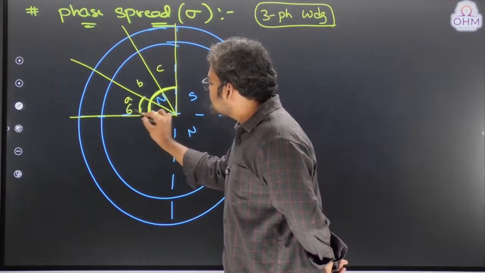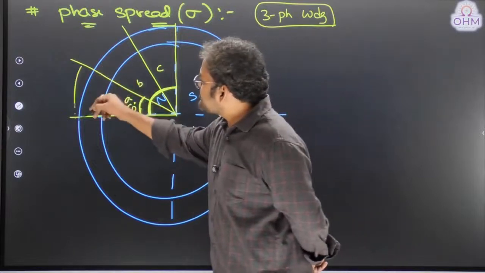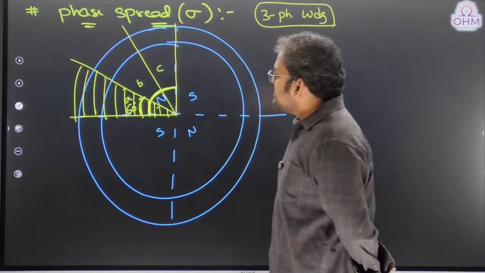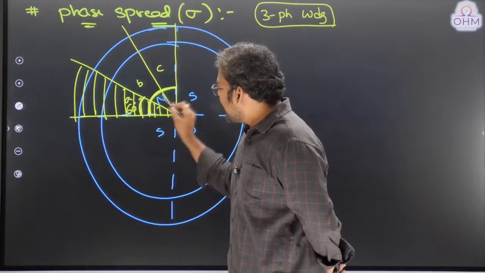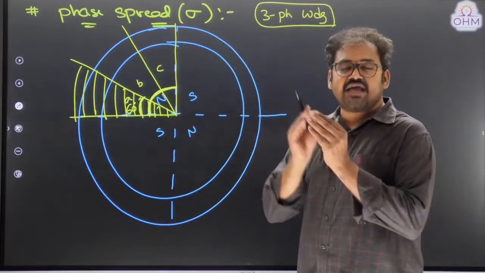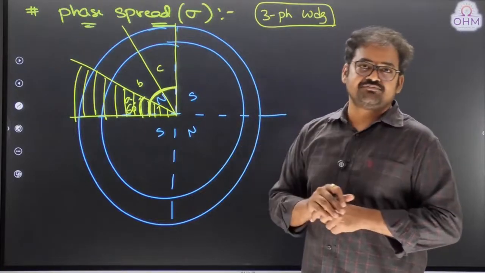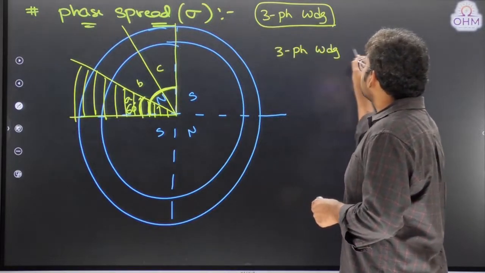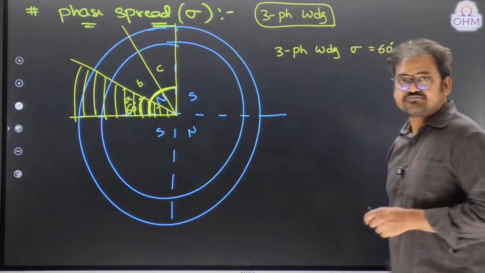Is it not 60 degrees, 180 degrees by 3? That is what we call phase spread, the area occupied by phase A winding under one pole. Therefore, for 3-phase winding, sigma is equal to 60 degrees electrical.